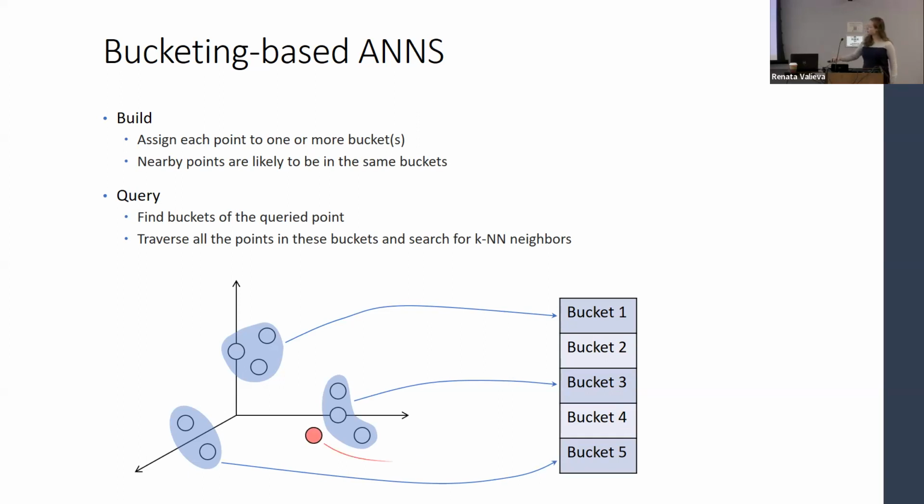So you find the buckets that are near the query, and then you exhaustively scan all of the points inside the bucket, and return the k-nearest points that are closest. So this is a pretty intuitive technique, and it does have some interesting theoretical guarantees in the case of locality-sensitive hashing.